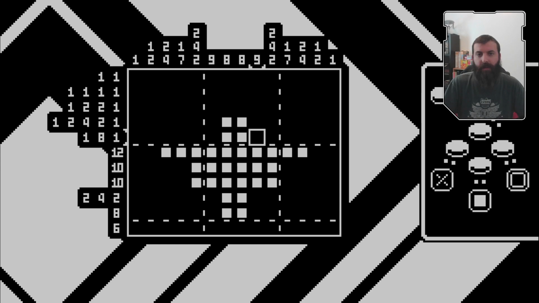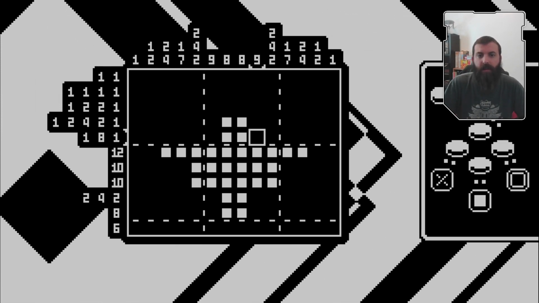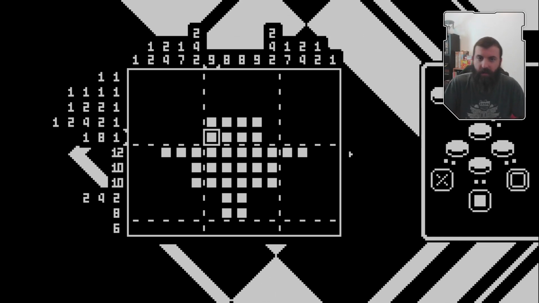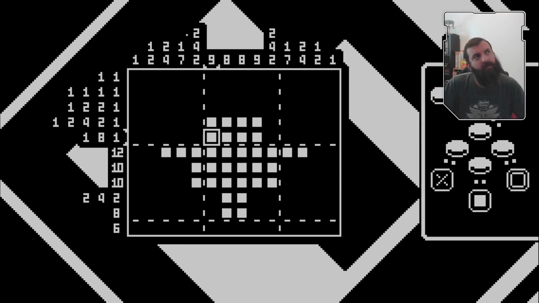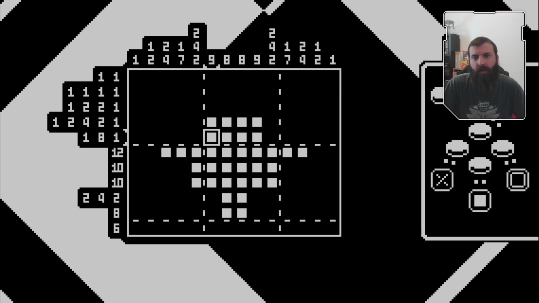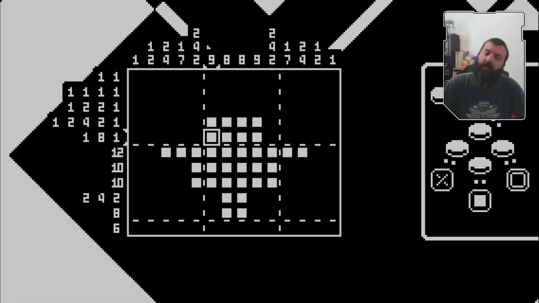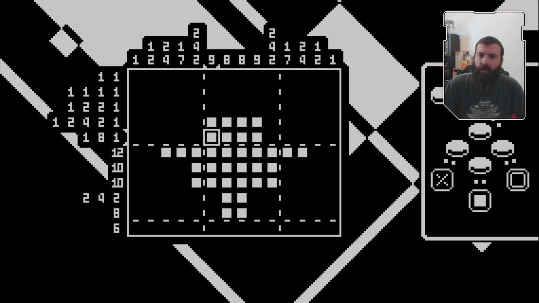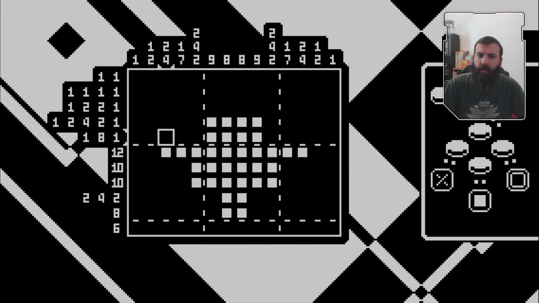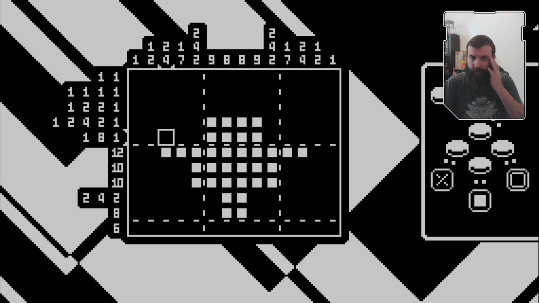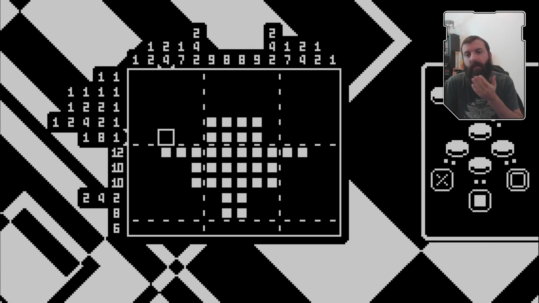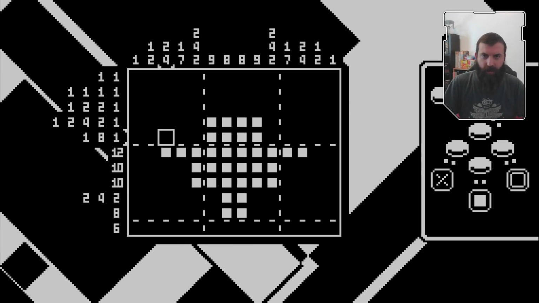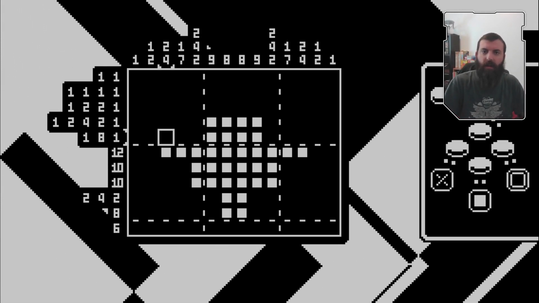Could do something similar for these 9s, actually. Really having to work from the middle out on this one, which is interesting.